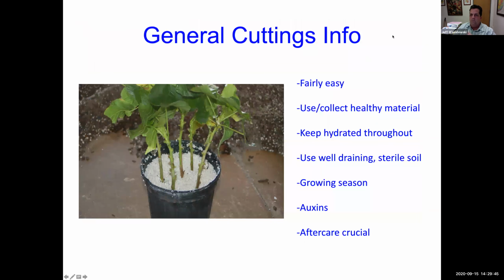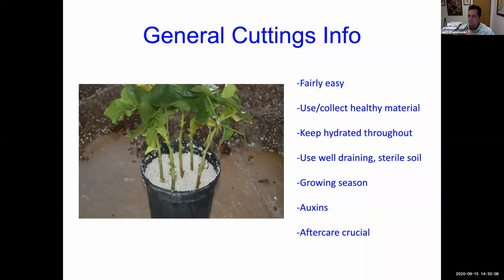Okay, so cuttings information, to sum it up. It is fairly easy, as you just saw. We're going to use and collect healthy material. So you saw those crotons I took were very healthy. Keep hydrated throughout. So you saw I put it in a plastic bag. I took it from the bag, I put it in the pot, and then watered it.